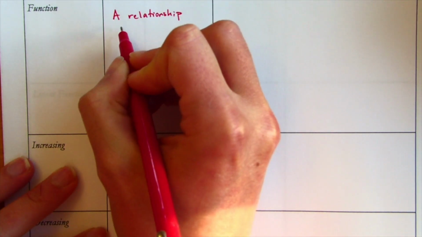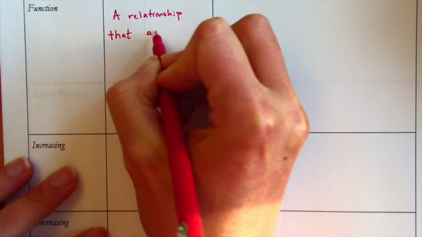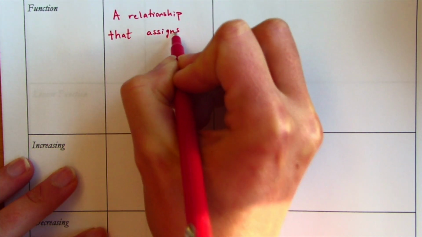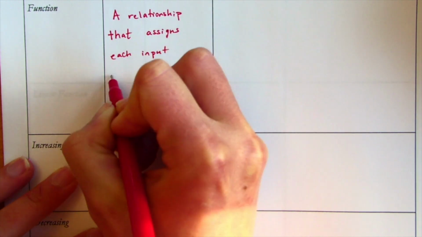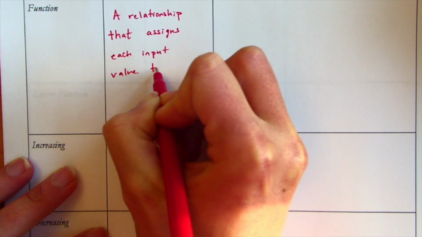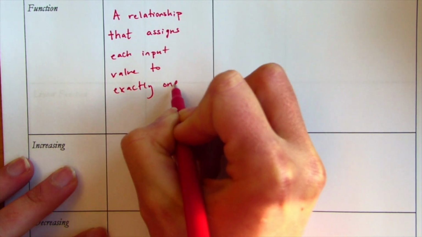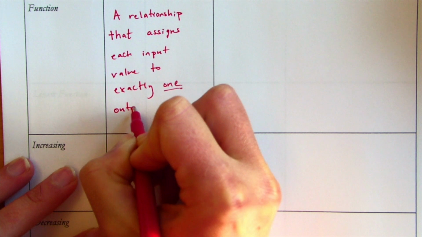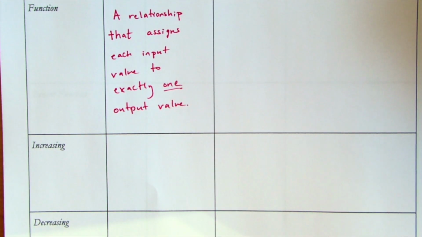It's a relationship that assigns each input value to exactly one output value.